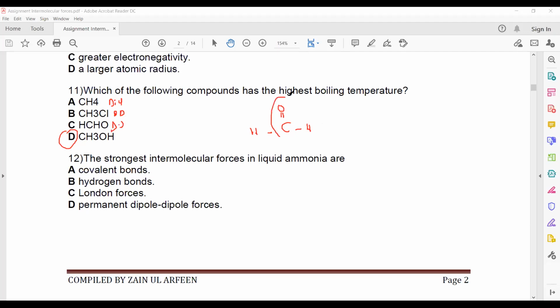So it will also have dipole force because of partial negative and positive. Because of the presence of the carbon, there are dipole induced dipole forces, but the major force which contributes to the boiling point will be hydrogen bonding, and hydrogen bonding is stronger. That's why it will have the higher boiling point.